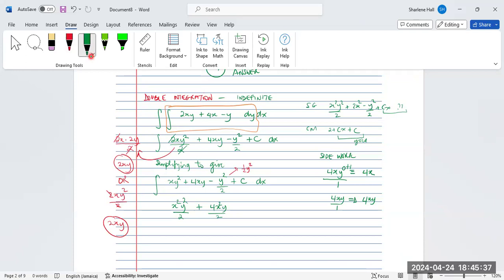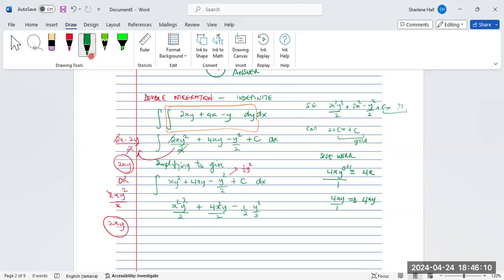So minus a half, add 1 to the power divided by the new power times y to the third over 3. You see that? I added 1 to the power and I keep the half as a constant. Adding 1 to the power and divide by the new power.